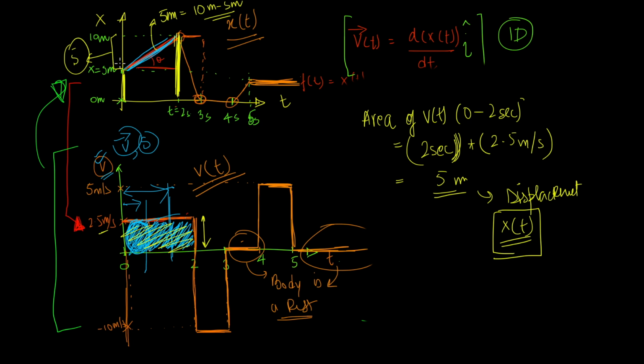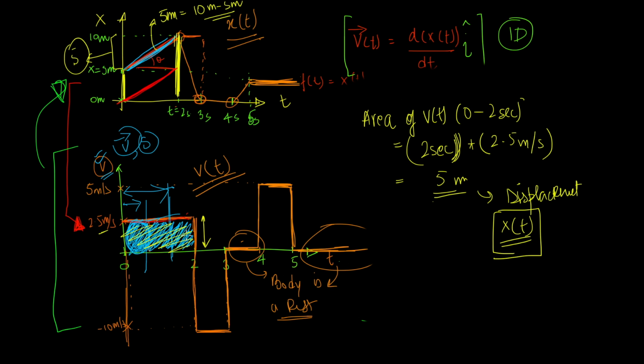This 5, as what I get from x versus t, is exactly the same 5 as what I get from finding out the area in v versus t. So what's really happening is it's telling us how much the body moves. Even if our x versus t graph looked like this, starting from the origin going to 5, still holding a displacement of 5 in the first 2 seconds, this would have been the velocity versus time graph even in that case.